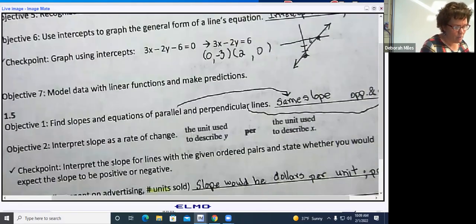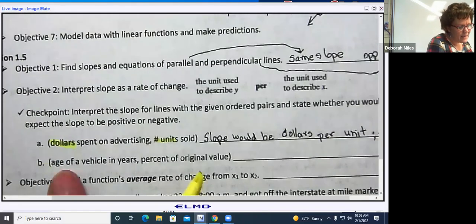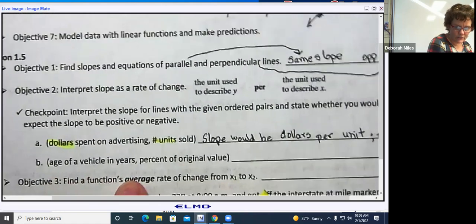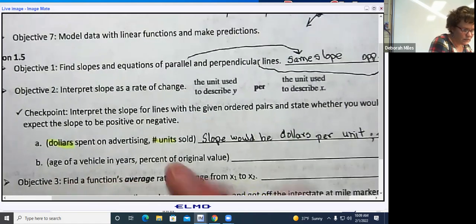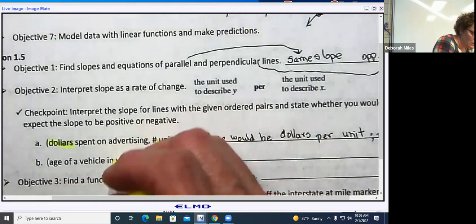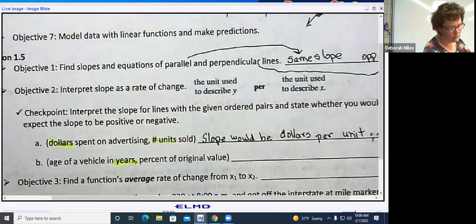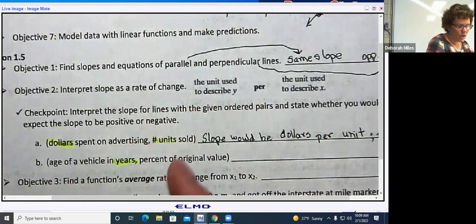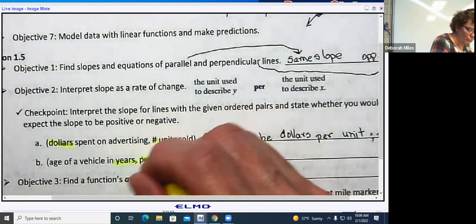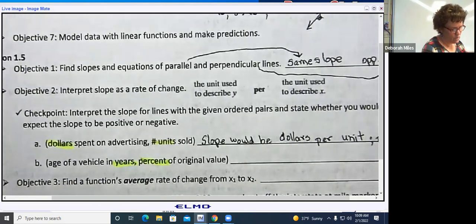In another word problem, if you had the age of vehicle in years for your x's, then the units on your x's are in years, and your y's are percent of original value. What would you expect the slope of that line to be?